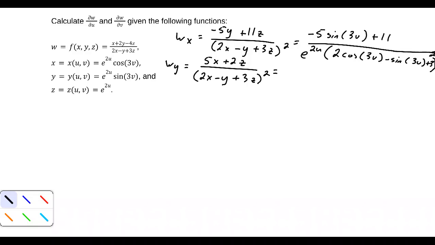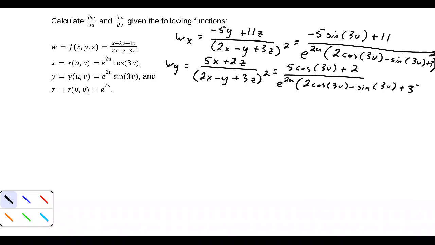And again, making our substitutions, that will be equal to a numerator of 5 cos(3v) + 2 with a denominator of e^(2u)(2 cos(3v) - sin(3v) + 3) squared.